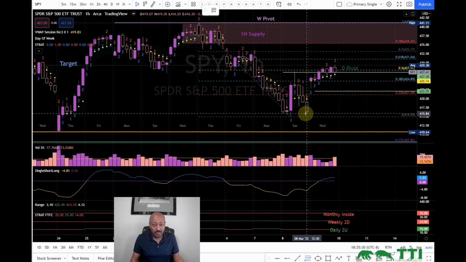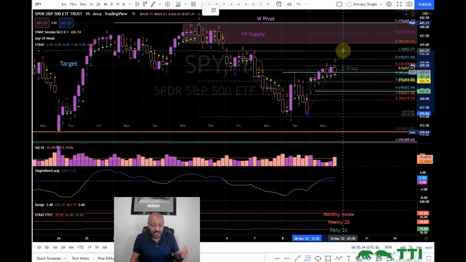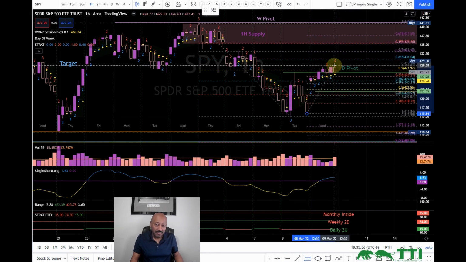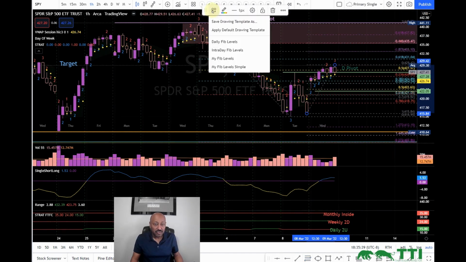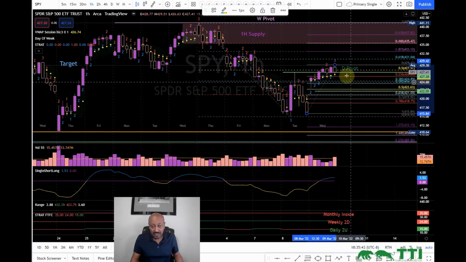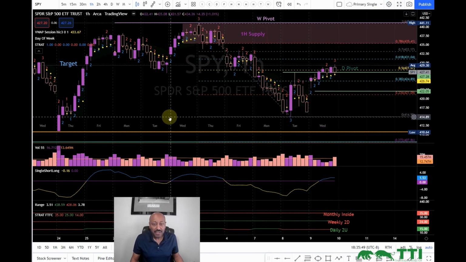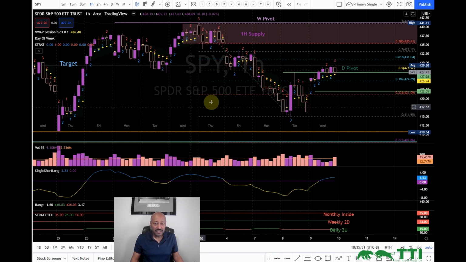I don't want to draw it because I don't have a pullback yet. I don't know where that high is to compare against for a pullback. You could technically just draw it and leave it there, and see if there's any pullback to the 38% to take it up to the upside. But I like to have my charts simple, but this is how it's setting up.